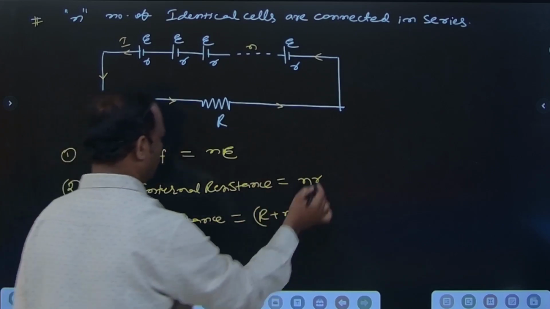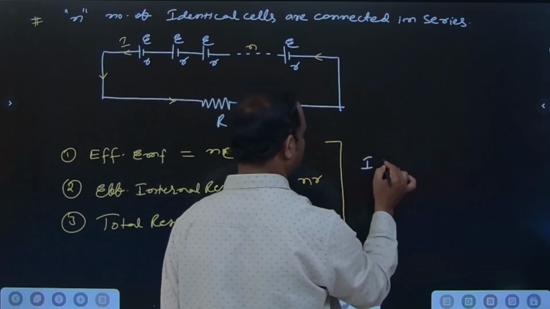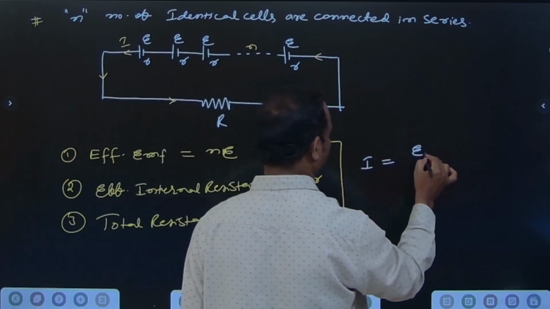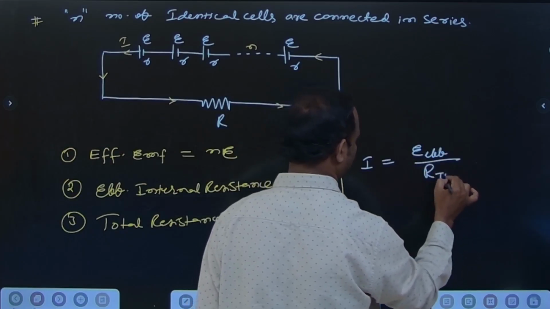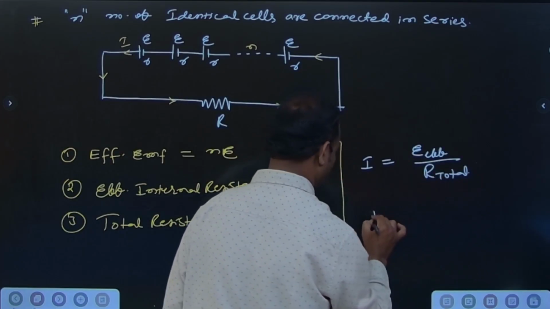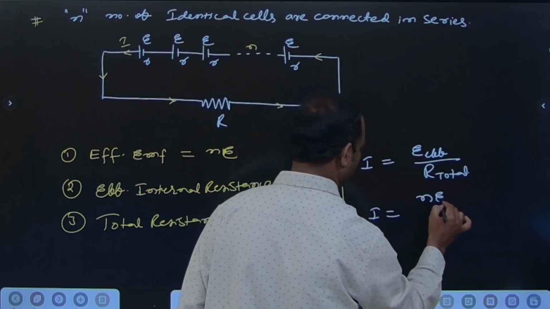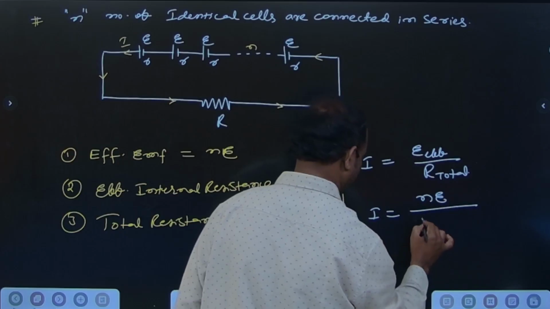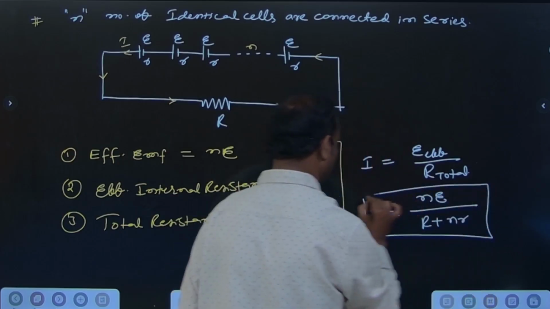Now what current is passing through here? I is equal to effective EMF by total resistance. I is equal to NE by (R plus n small r) is the relation.